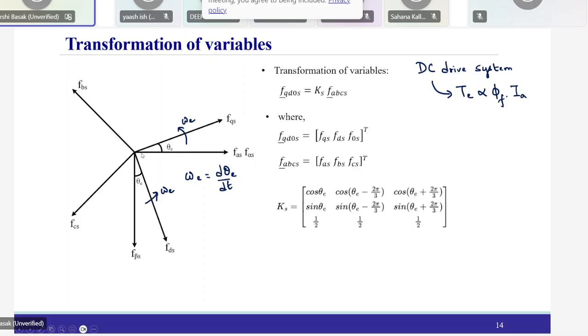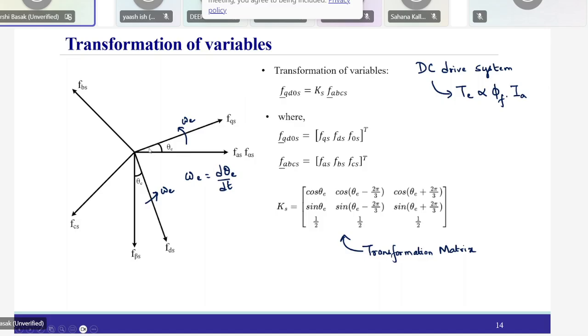And we have the axes corresponding to FAS, FBS, and FCS, and we have these expressions. This is called the Park's transformation, and this transformation matrix is given by this expression, with cos theta e and these variables.